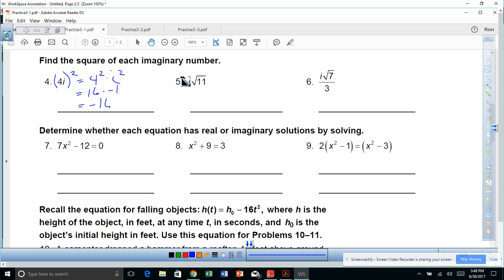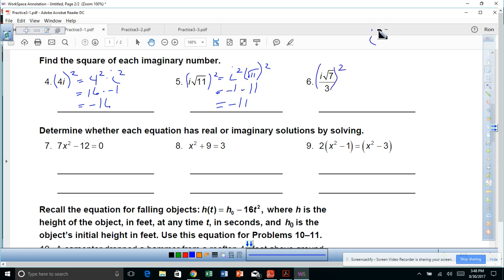Now we have i times the square root of negative 11. If we square that, that will give us i squared times the square root of 11 squared. That's going to be negative 1 times 11, since the square root of 11 squared is just 11. So that's going to give us negative 11. Now let's square this one here.